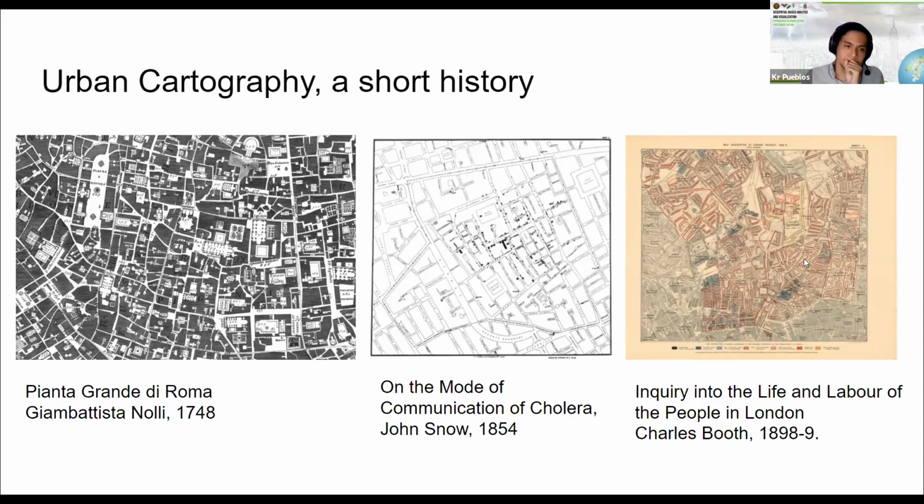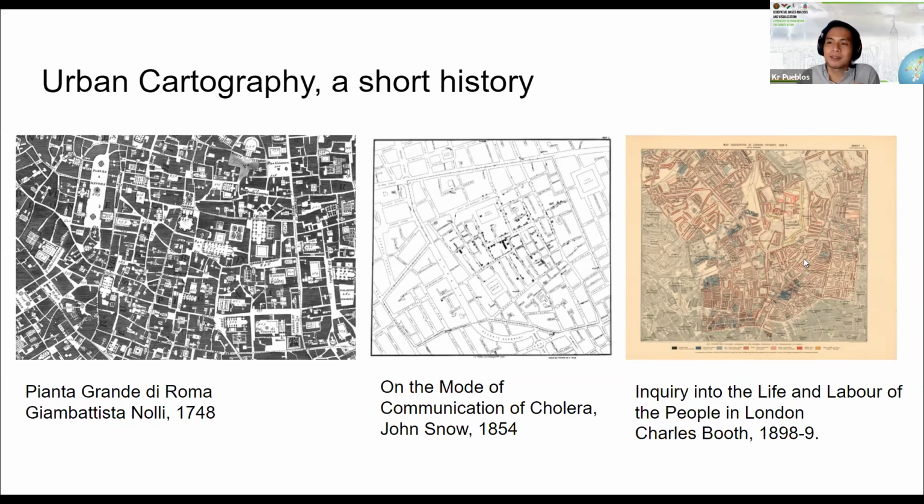So these are maps from hundreds of years ago where certain individuals looked at certain conditions, such as Pianta Grande di Roma by Giambattista Nolli, where he mapped out the built and unbuilt areas of Rome. And you have John Snow's map of a cholera outbreak, before sanitation was the norm.